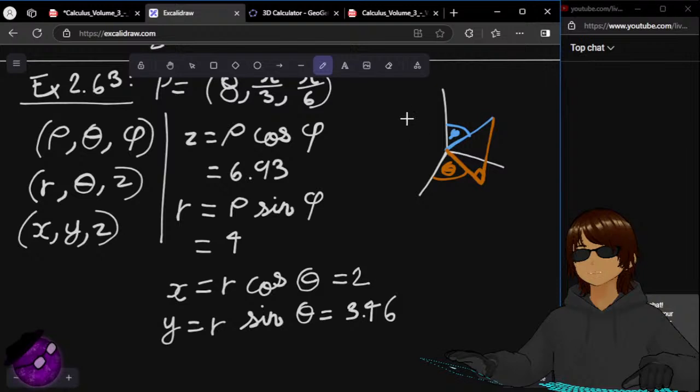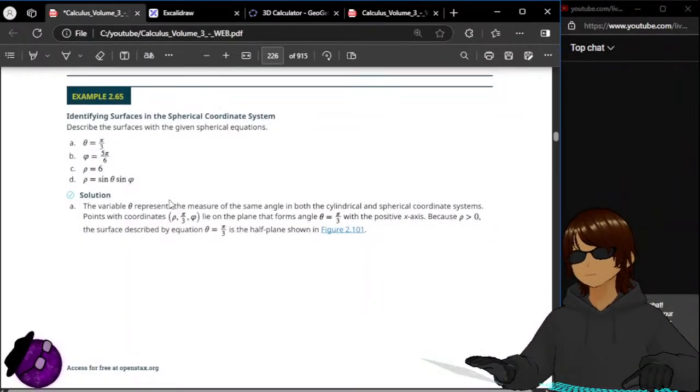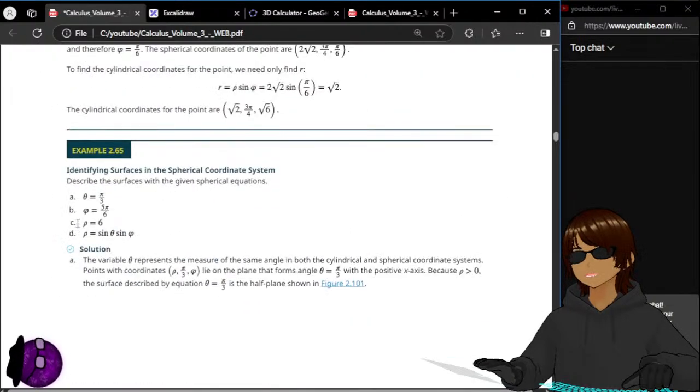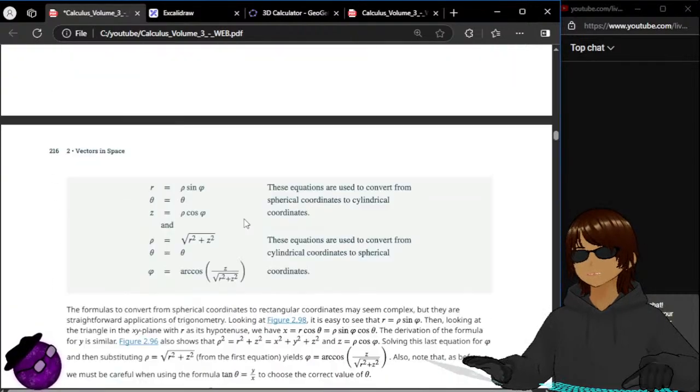Shouldn't the plane go to the other side as well, because r can be negative? Wait, do they allow r to be negative?